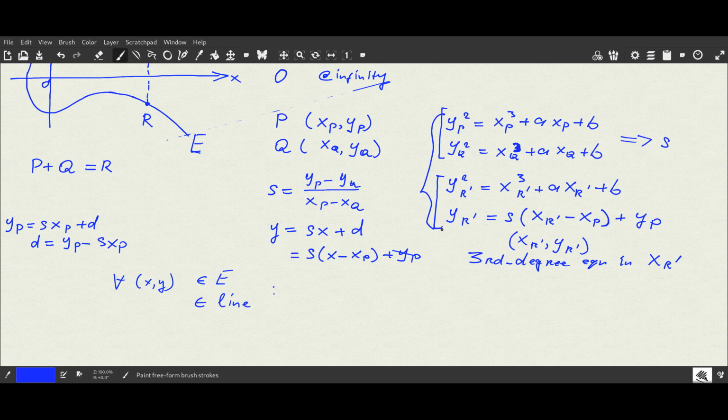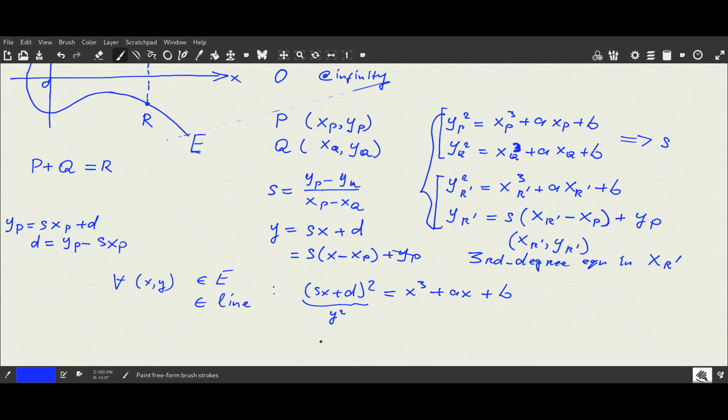That really substituting the y from the line, y is sx plus d. So sx plus d squared, which is y squared, must be equal to the right hand side, x cubed plus ax plus b, correct?